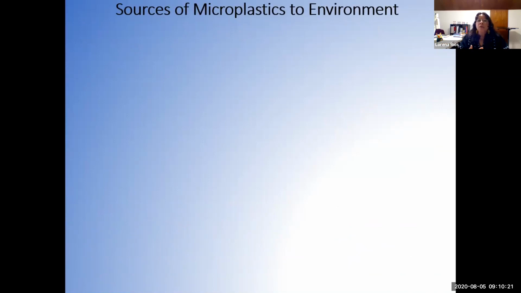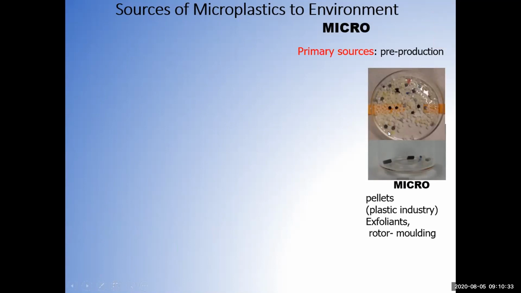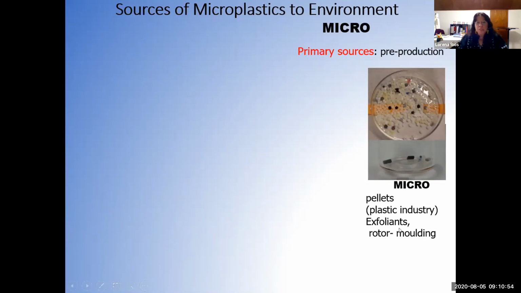Now, what are the sources of the microplastic in the environment? We can talk about 2 main sources. This is the primary source, that is the industry prepares the plastic in these micro sizes because they want to use it in a variety of uses, like pre-production plastic pellets, or microbeads from cosmetic products, or maybe in medicine.